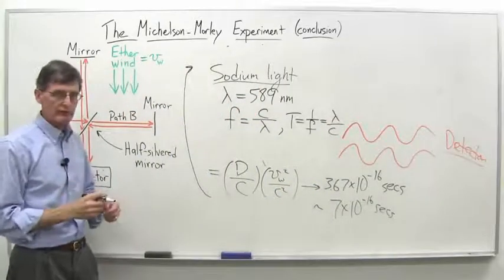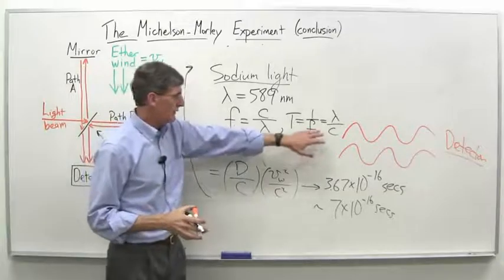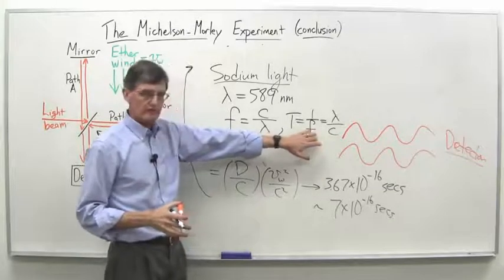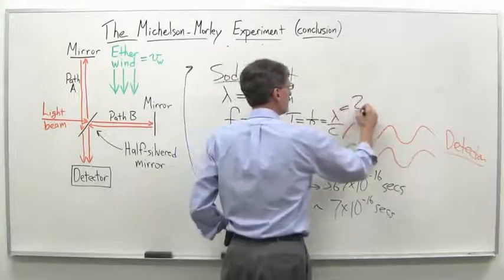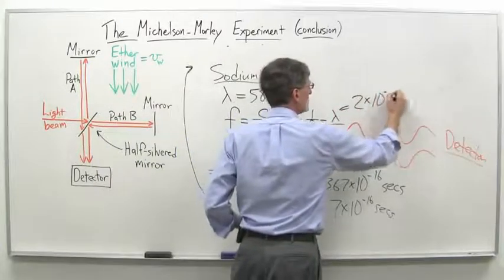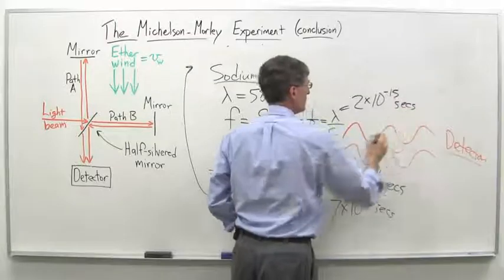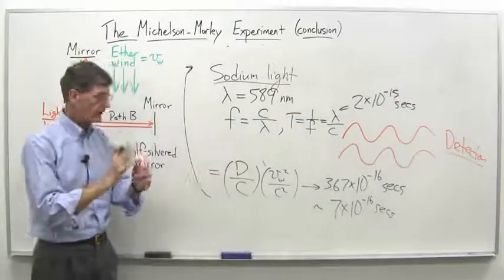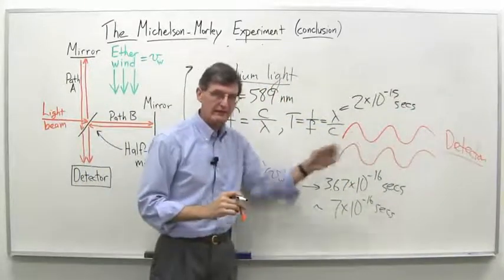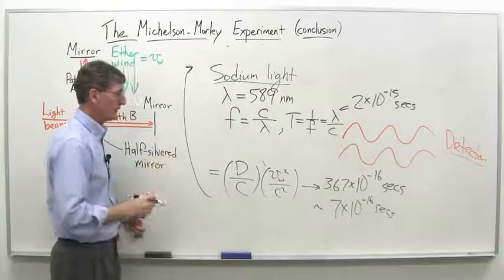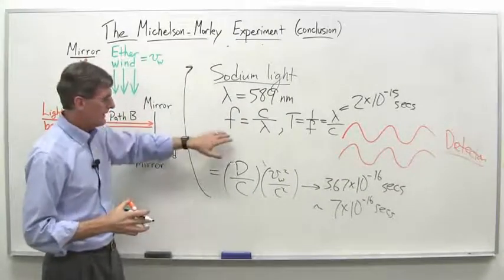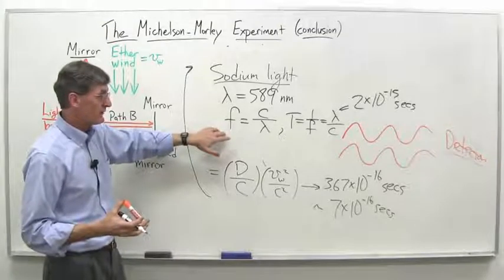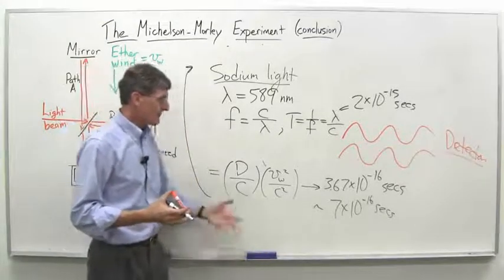And that's really what we're most interested in here. If you do this calculation, you will find the period for sodium is about 2 times 10 to the minus 15 seconds. Again, still a very small amount, the difference between the peaks in this bright sodium light, sort of yellowish light. And so 2 times 10 to the minus 15 seconds.